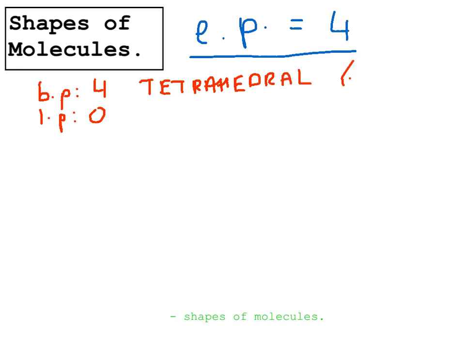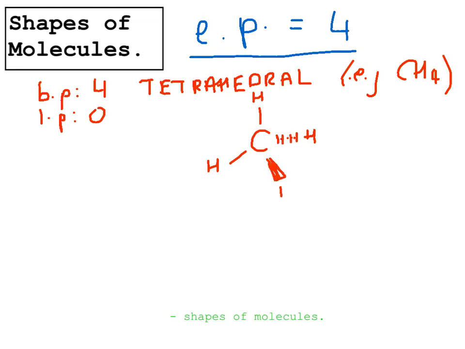An example of this would be CH4, and so to draw that, you put 2 of the H's in the plane of the paper, and then 1 goes into the paper, shown by a dashed line, and 1 comes out of the paper, shown by a wedged line. Now the bond angle here you have to remember, and that is 109.5 degrees. You must remember that number.